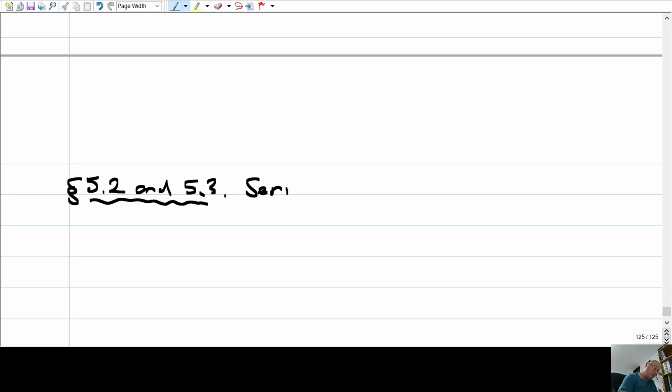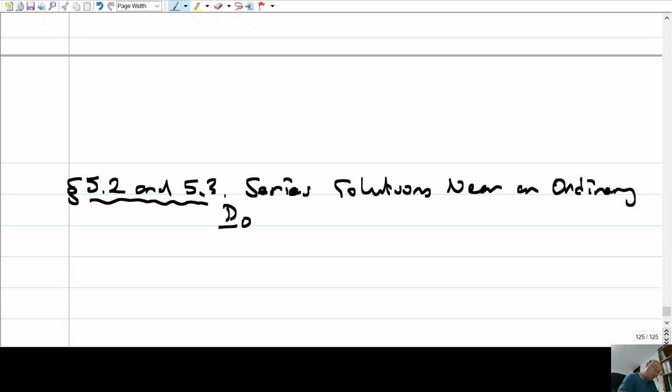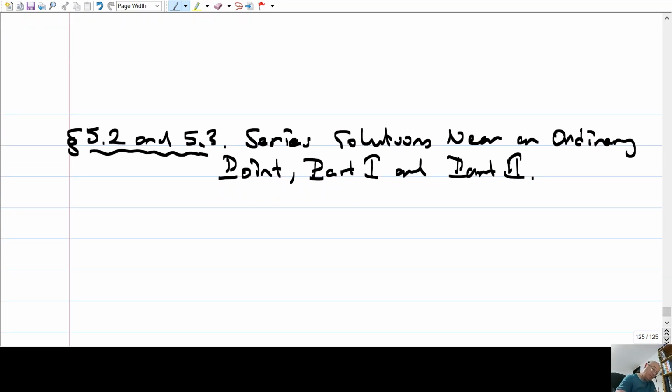So these are just series solutions near an ordinary point, part 1 and part 2.